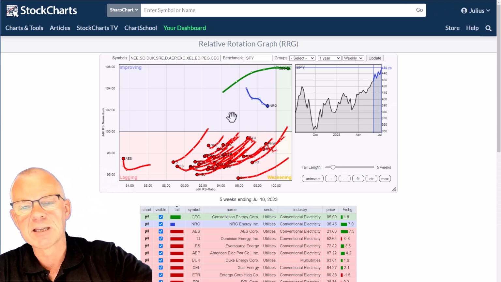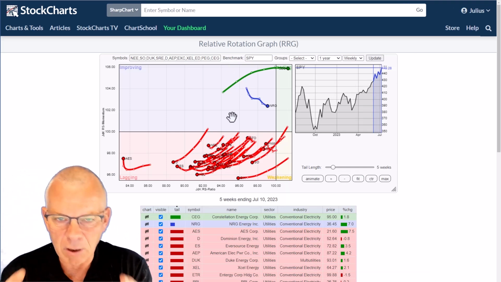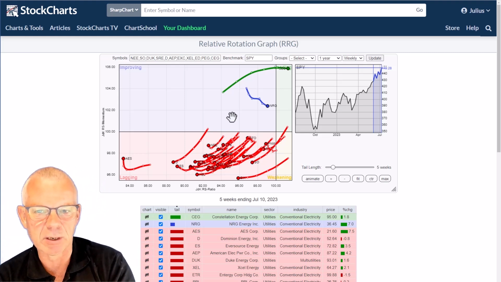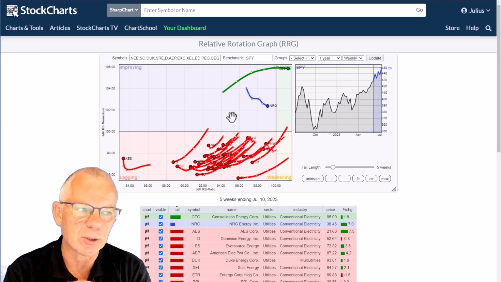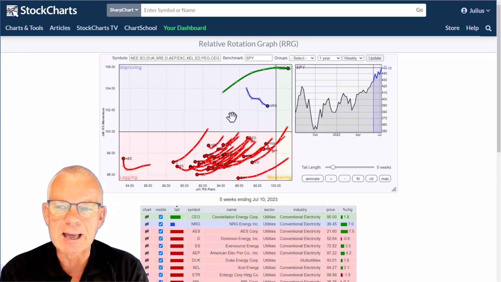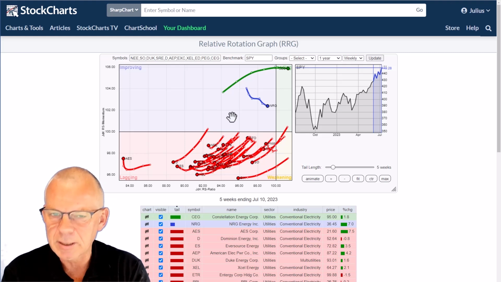Here you can see how the general weakness of, in this case, the utility sector is displayed on an RRG versus SPY. And now imagine that you are a fund manager, maybe a professional fund manager, and you know that utilities is a very weak sector.